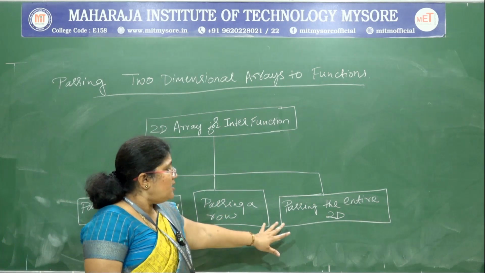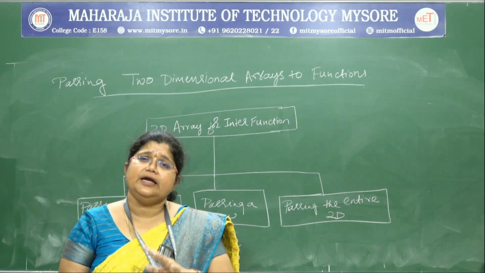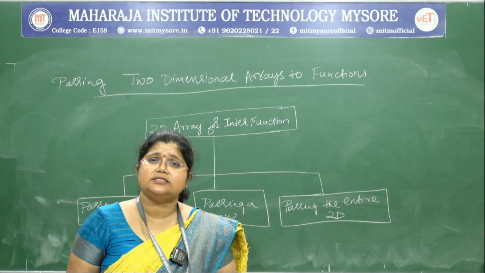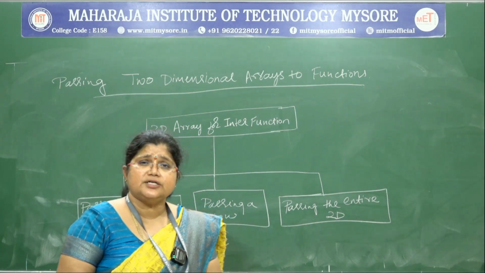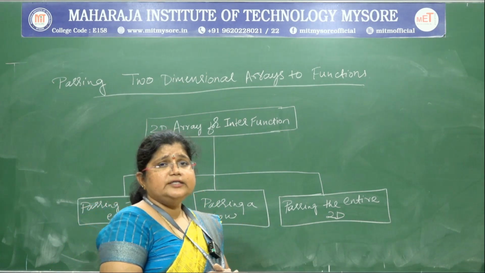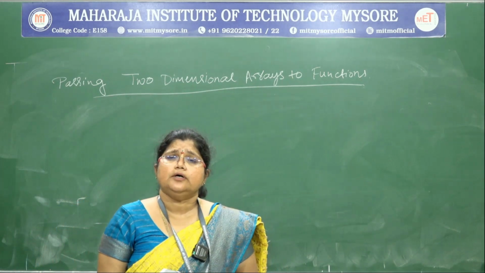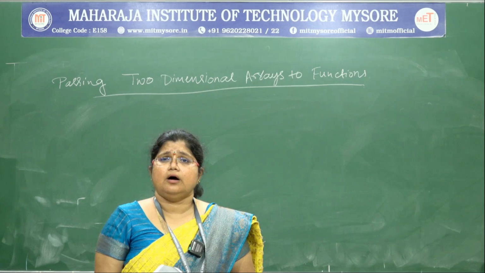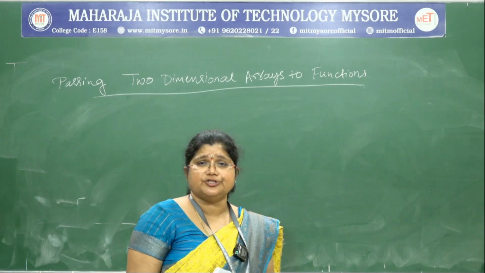The next is passing the entire two-dimensional array, that is, the entire matrix data is going to be passed to the function. Now let us look at how the row elements of a two-dimensional array are going to be passed to the function.